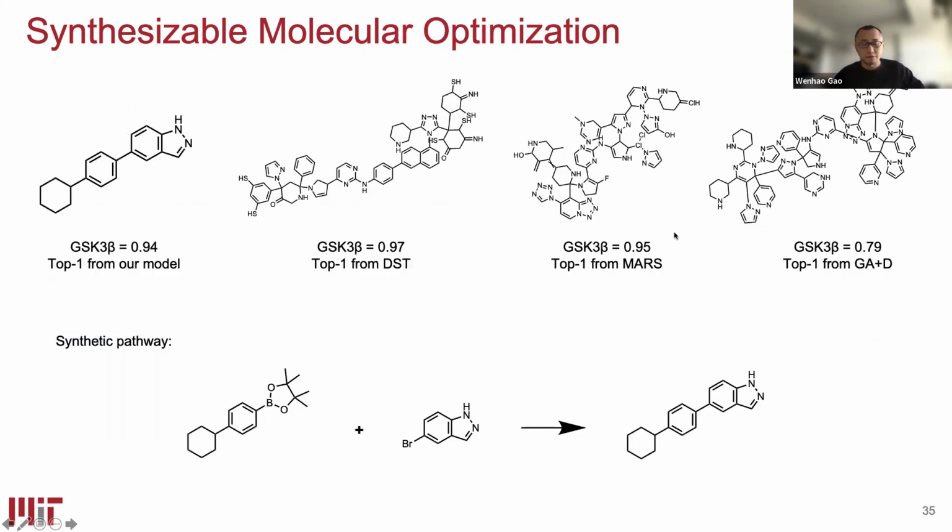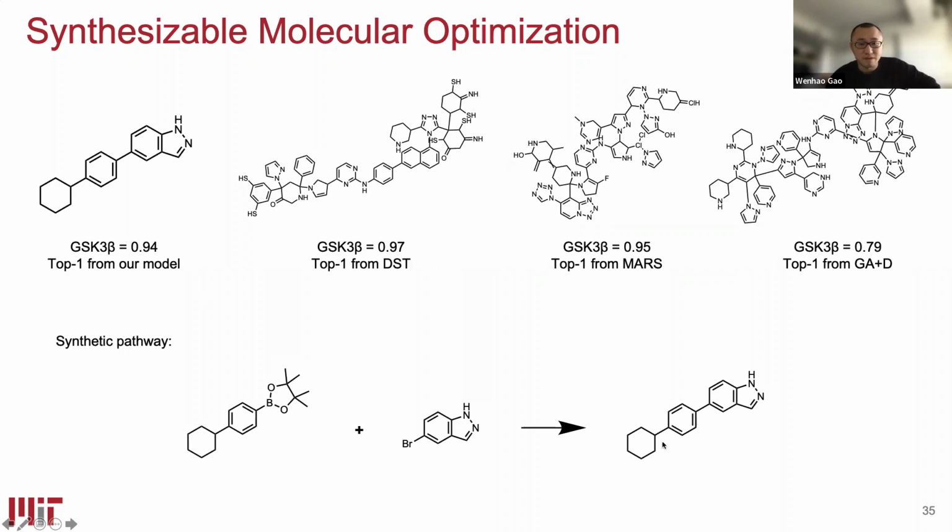But of course, our focus is to design synthesizable molecules. Here, I'm showing the top 1 molecules from the best performing models in the GSK3 beta task. Even those without a chemistry background can see that our design, although marginally worse in the GSK value compared to other models, is much simpler in structure.